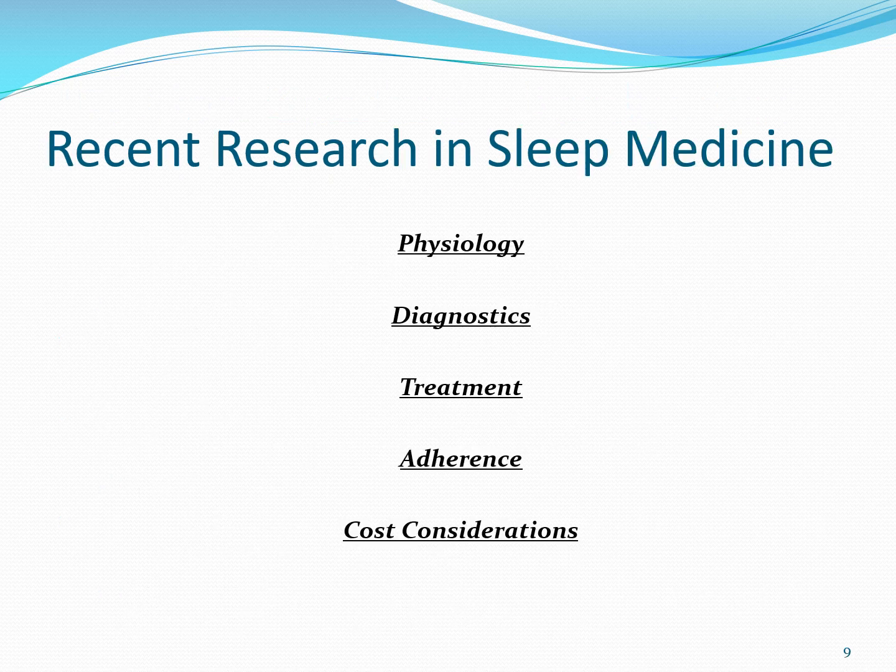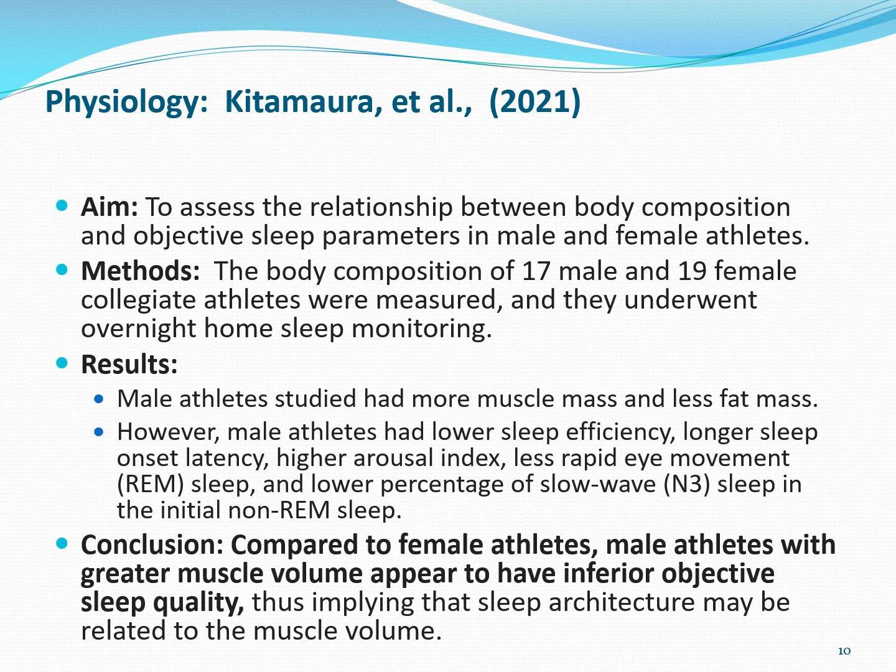And as I alluded to earlier, the categories of research we're going to examine in sleep medicine relate to physiology, diagnostics, treatment, adherence, and cost considerations. Now, when I discuss these research trials, I don't give you the full citation. What I'm doing is listing the primary author, and then parenthetically following it, the year it was published.